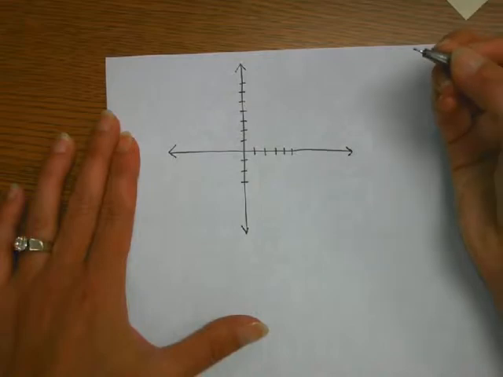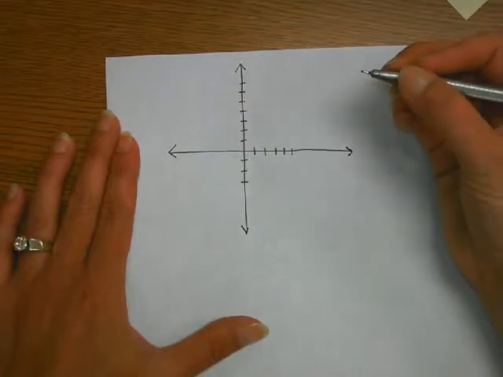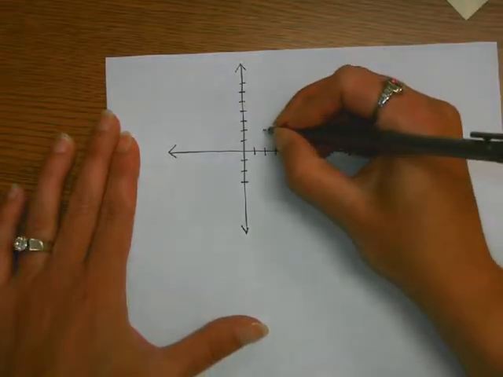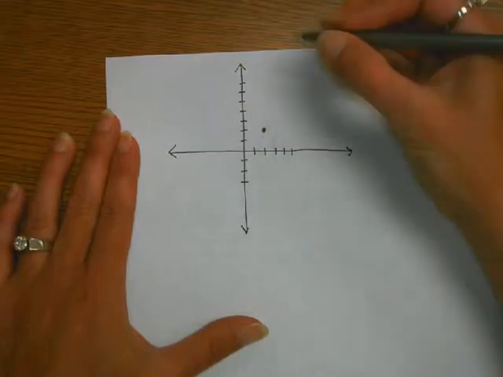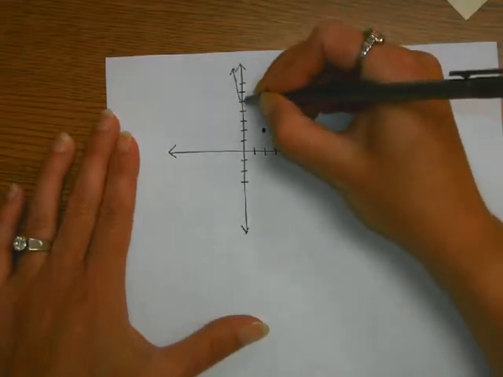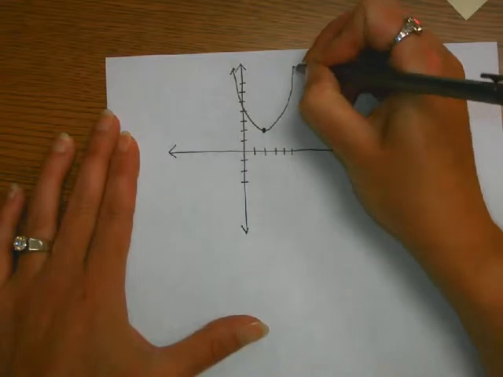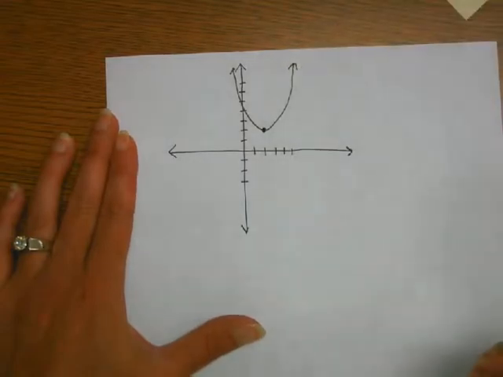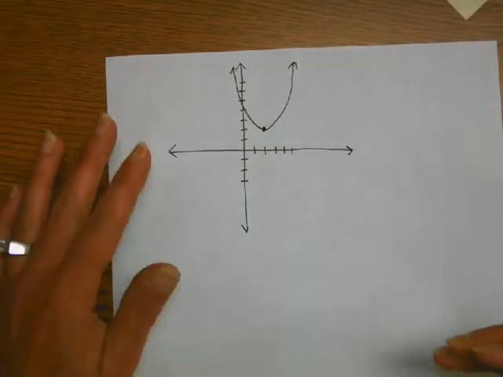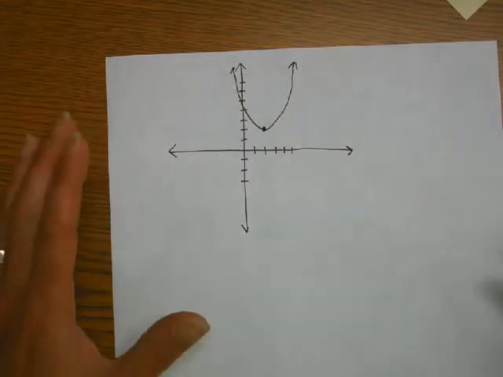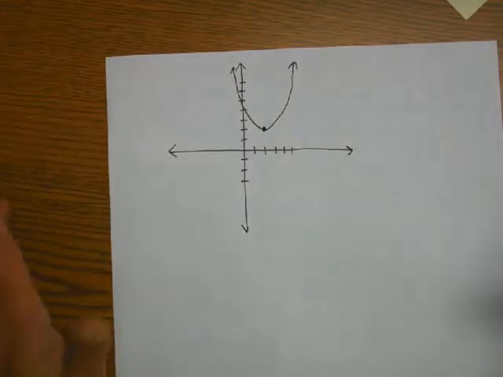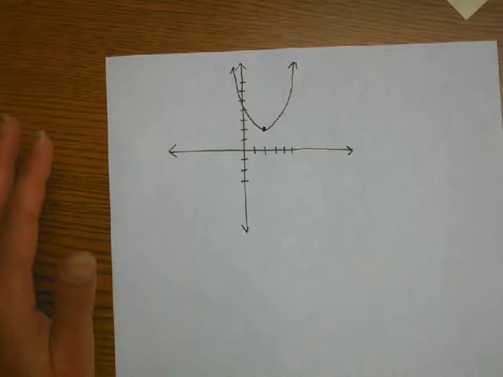Okay, so let's say my vertex is there. There's something called a focus. It's what the quadratic focuses on, for lack of a better word. And the focus is inside the quadratic.